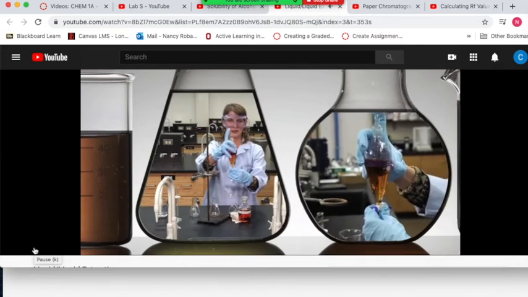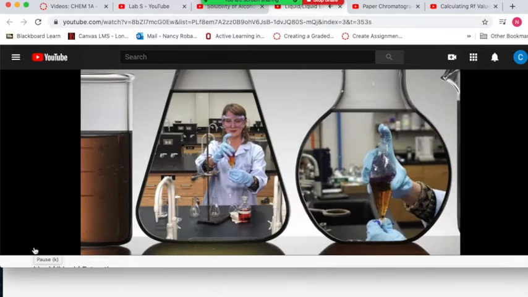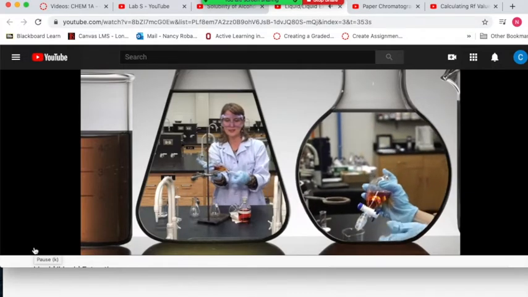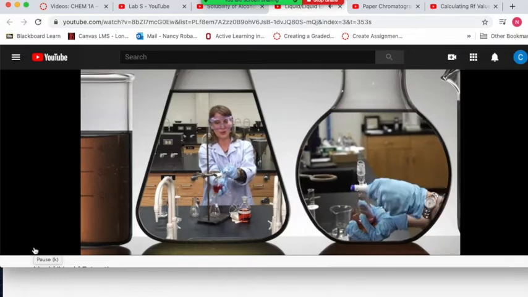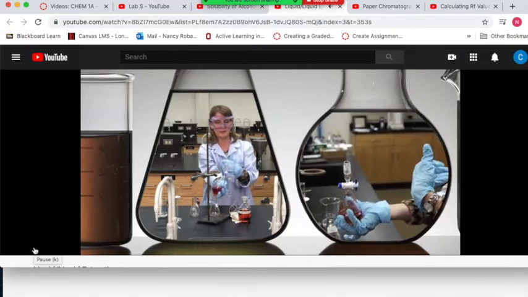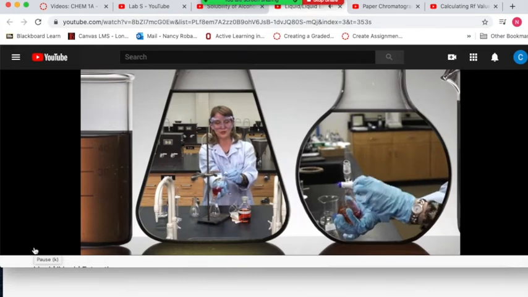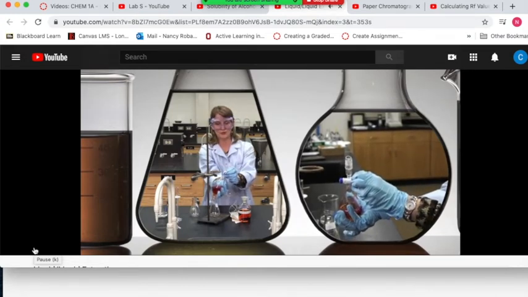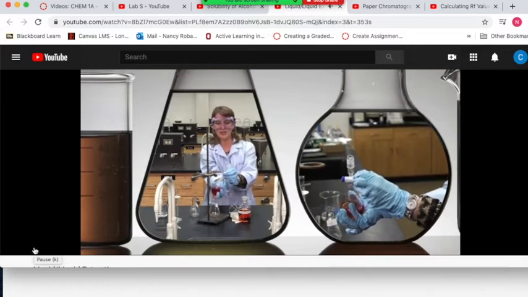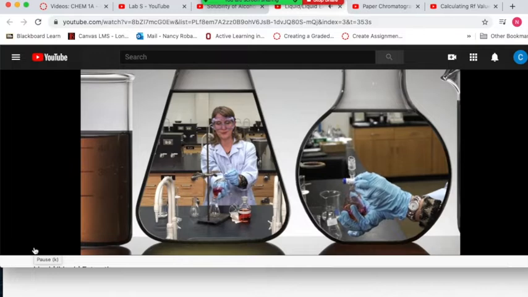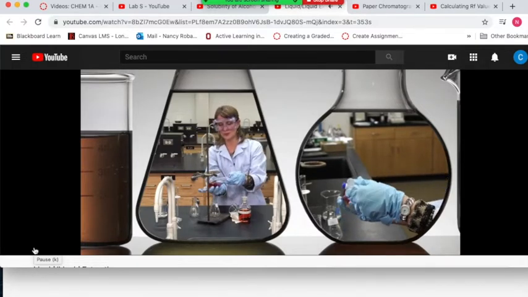If you're right-handed, you use your right index finger. If you're left-handed, you use the left. And pointing the end away from you, gently tip it and open the stopcock to release any pressure that might develop with dissolution of the two phases, or as we'll see in the next video, any gas that might be formed.